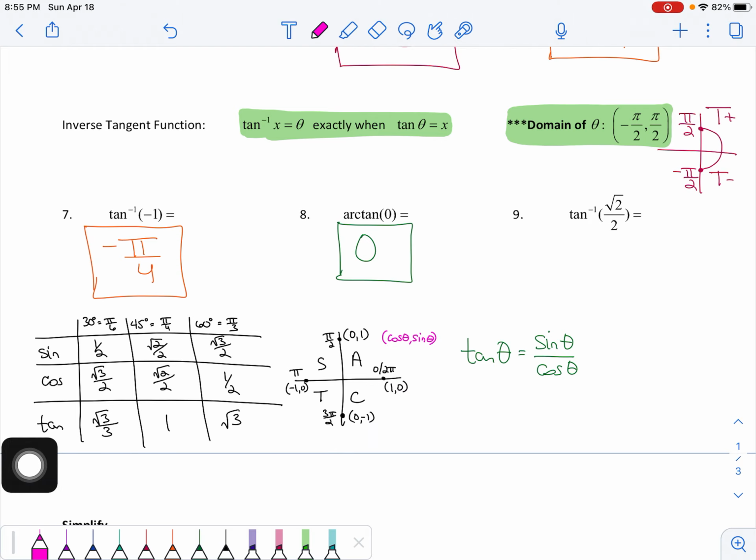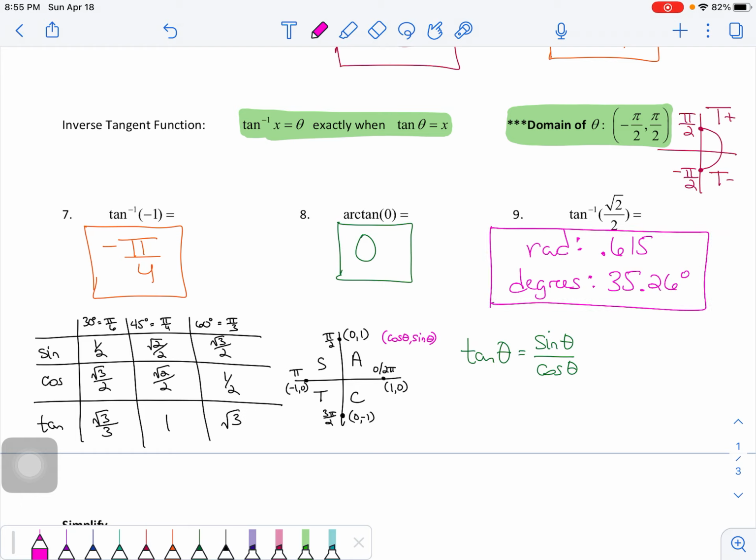So this is a place where you could actually throw this into your calculator. If you do it in radians, you're going to get an answer of 0.615. And if you do it in degrees, then you have an answer of 35.26 degrees.